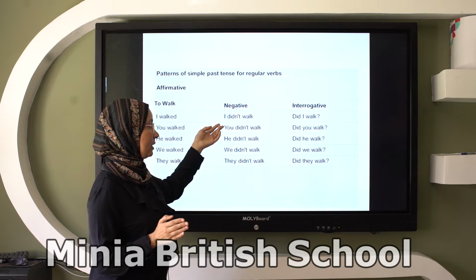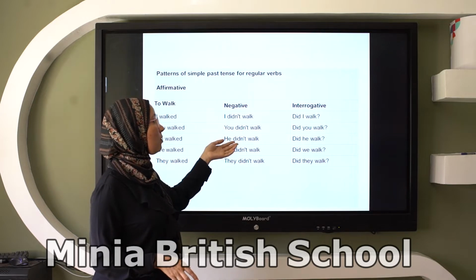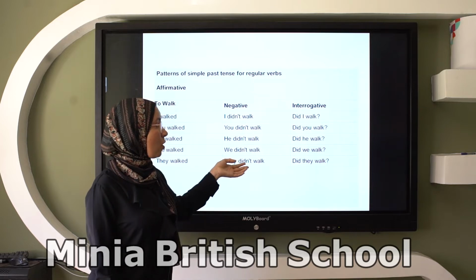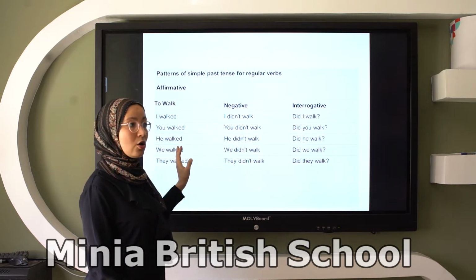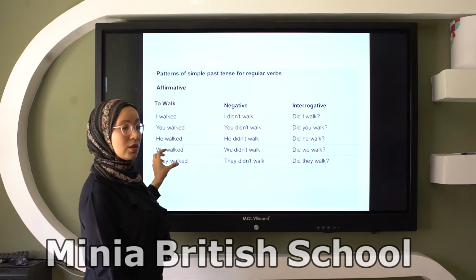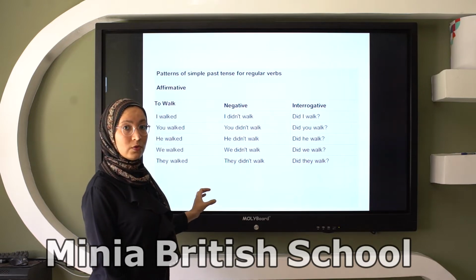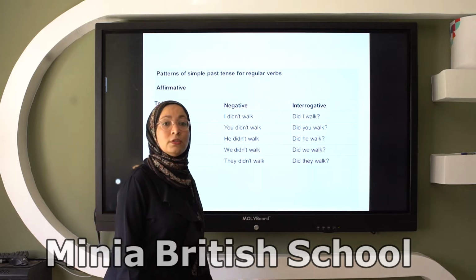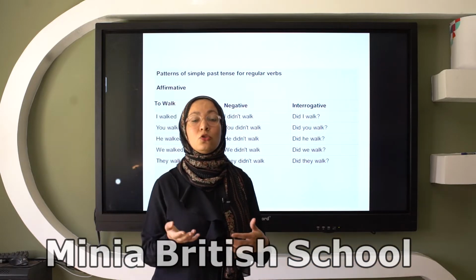So I didn't walk, you didn't walk, he didn't walk, we didn't walk, they didn't walk. As you see in all the examples, I have the verb with no change with all pronouns, and the same for the negative form and the interrogative form, which is a yes/no question.